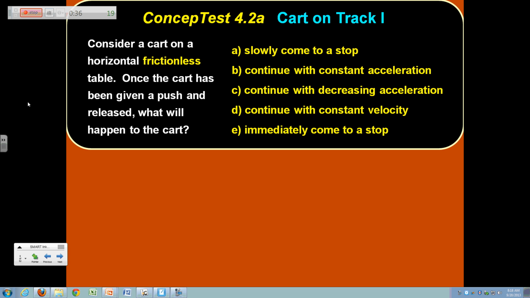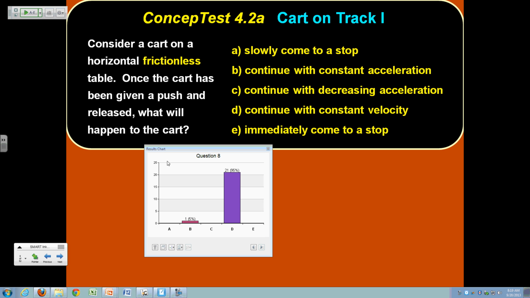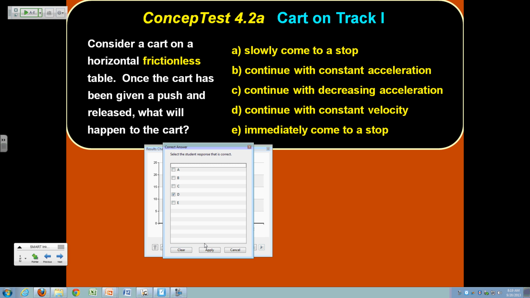Frictionless means that it's completely smooth, that there are no resistive forces, no frictional forces. You understand? Very good. Forever, right? Or until a force acts upon it.